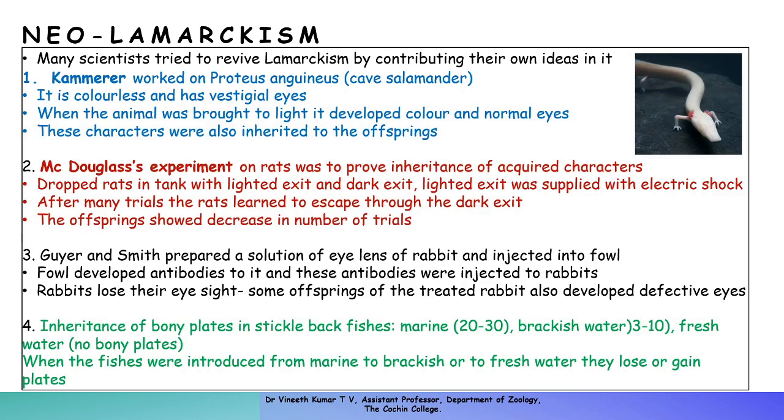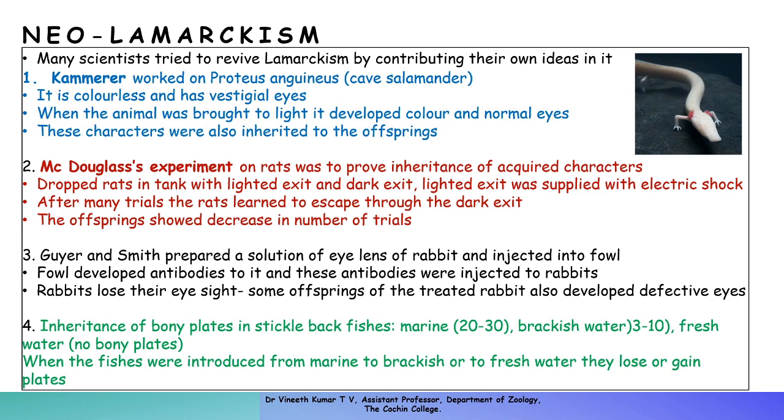The next experiment is McDougall's experiment on rats, and he also tried to prove the inheritance of acquired characters. He dropped rats in a tank with two exits, one lighted exit and one dark exit.